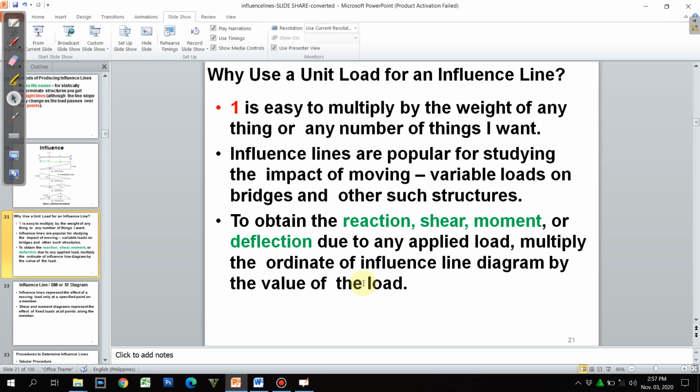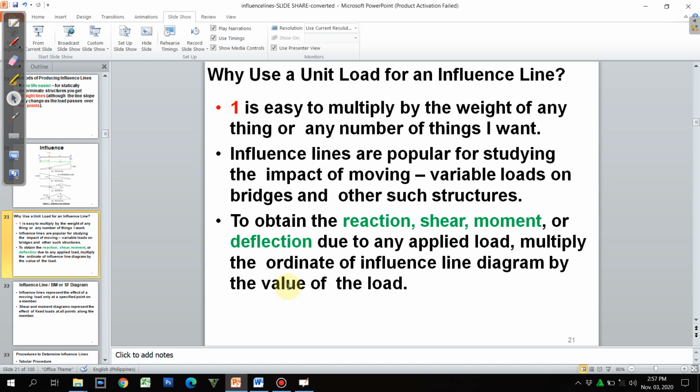So we know that in actual practice, your concentrated load or distributed load could be of various values. By simply taking one as a unit load, you just have to multiply it by your influence line diagram, and that will be the effect on your beam or structure.